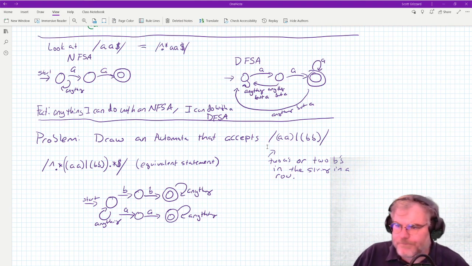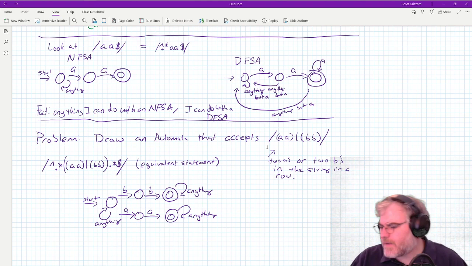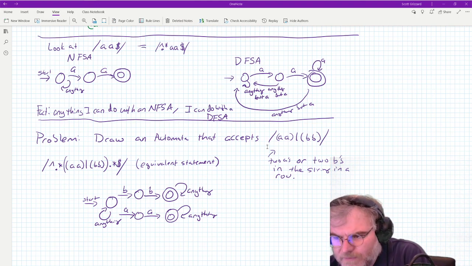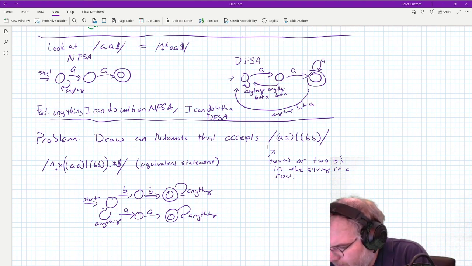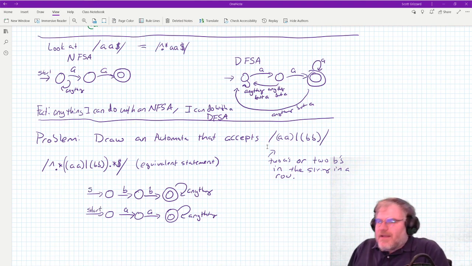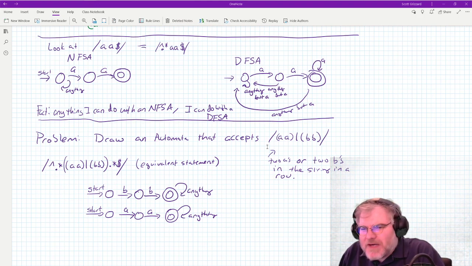How do we feel about that, 1 to 5? Will this match my regular expression? Now, I can do something really clever right here. Now, does that match my regular expression?